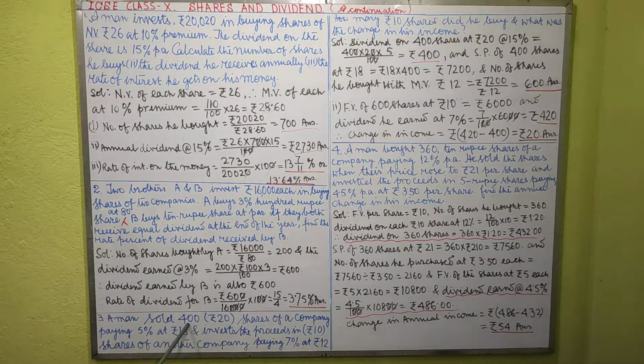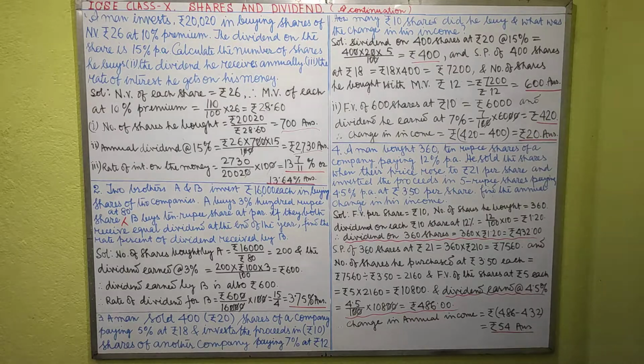Let us see. He sold 400 shares, and the nominal value of each was rupees 20. That company gave a dividend of 5%, and the rate of each share when he sold was rupees 18.